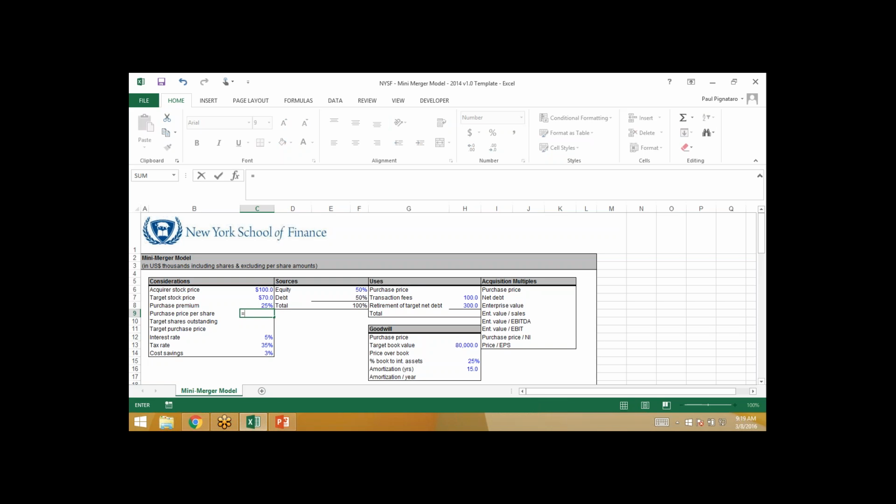C9 equals 70 times, open parentheses, 1 plus 25%. Times the 70, yep. 87.5. They're paying a 25% premium.